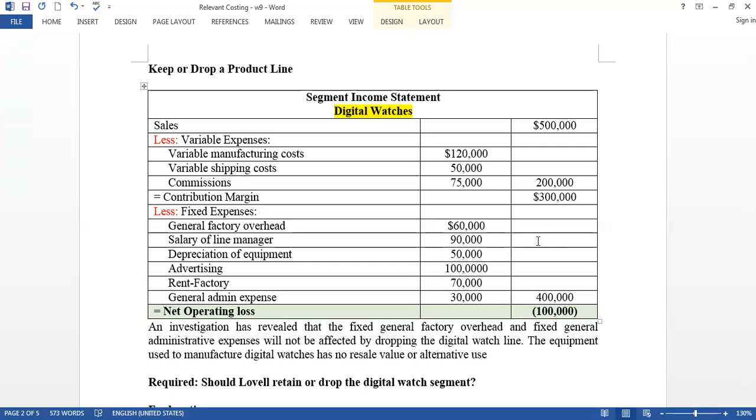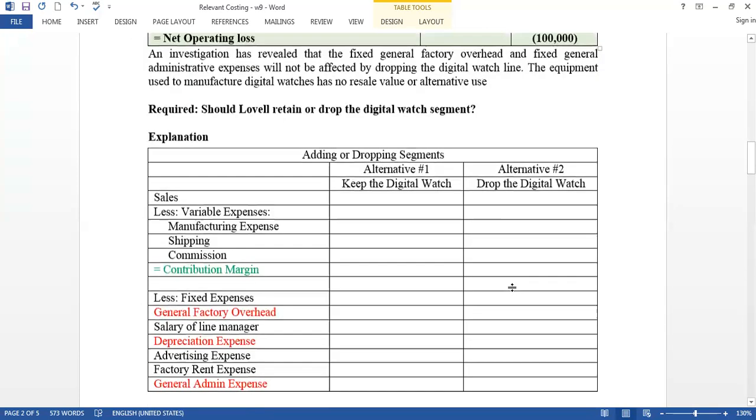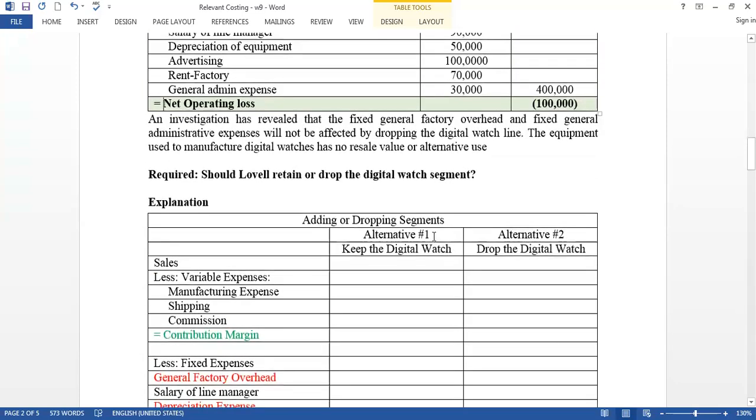So they have two alternatives at this moment. These are the alternatives. The first alternative is that they want to keep the digital watch. Or they have another alternative that they can drop it. So two alternatives they have.